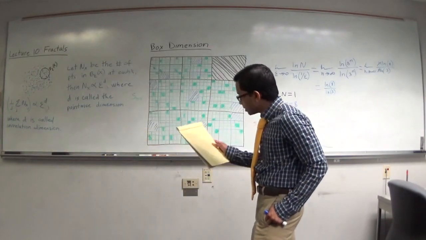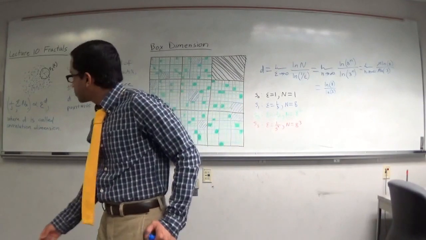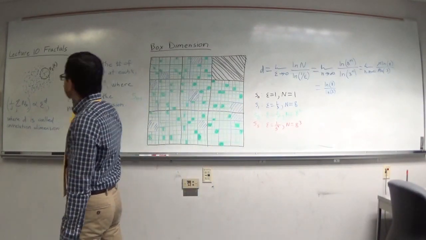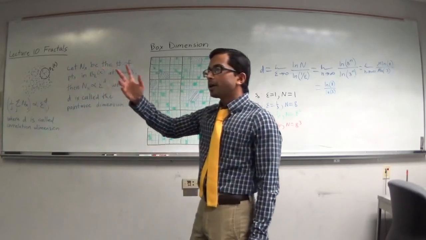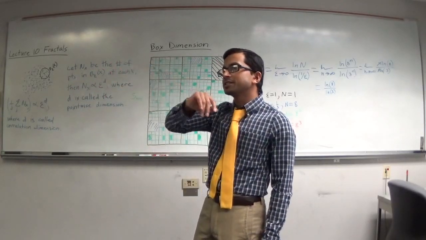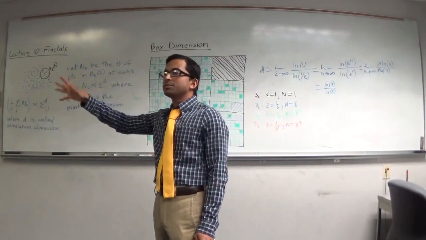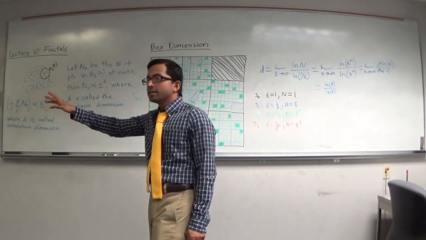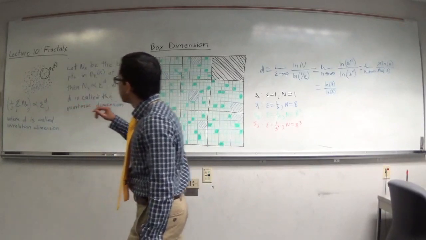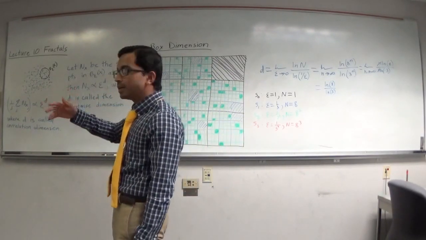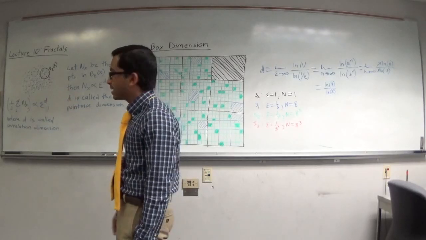So I should mention that there are times where you'll get some sort of system where throughout the set the dimension is going to change. So you have different types of fractals depending on where you are in the set. That's called multifractals, and there the dimension is going to vary depending on your position x.